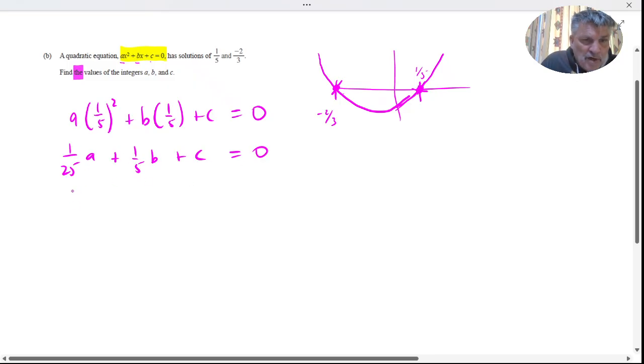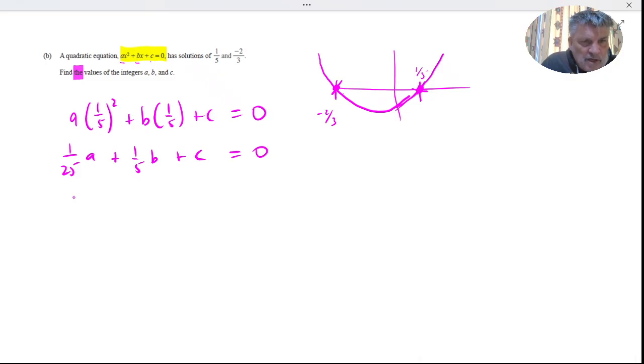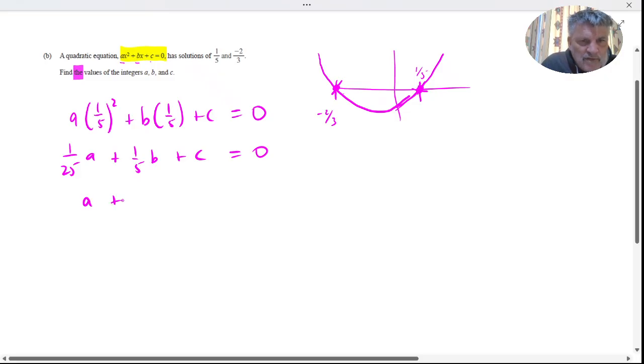Perhaps multiply through by 25 to get rid of the nasty fractions, so you get a plus 5b plus 25c equals 0. And then that's one equation.